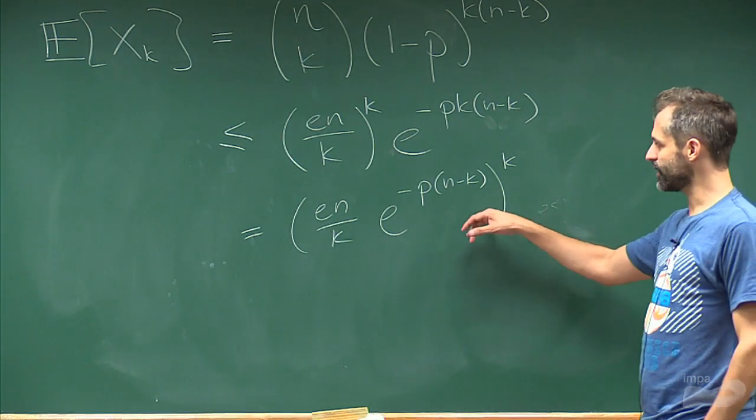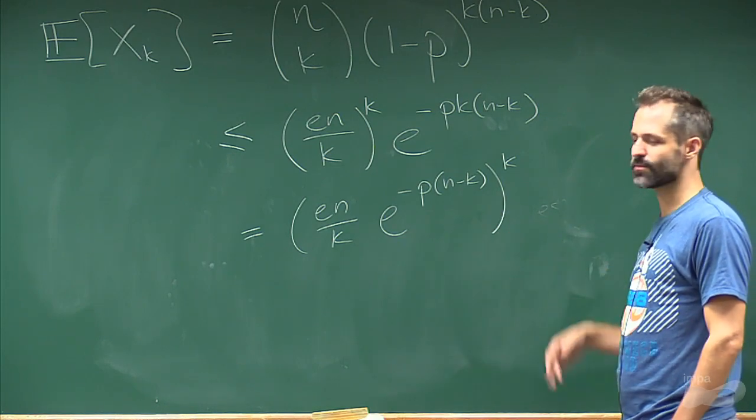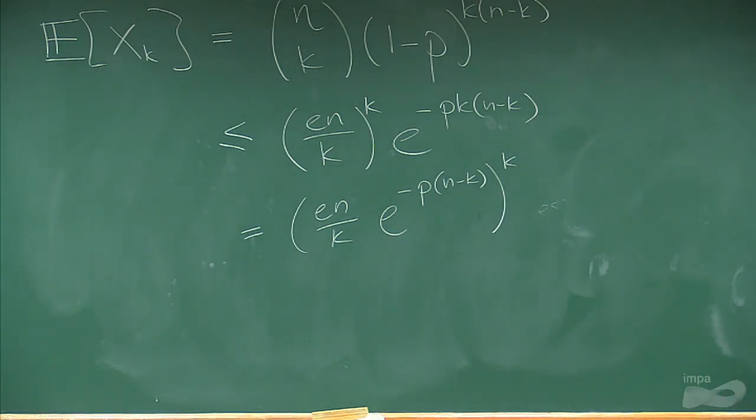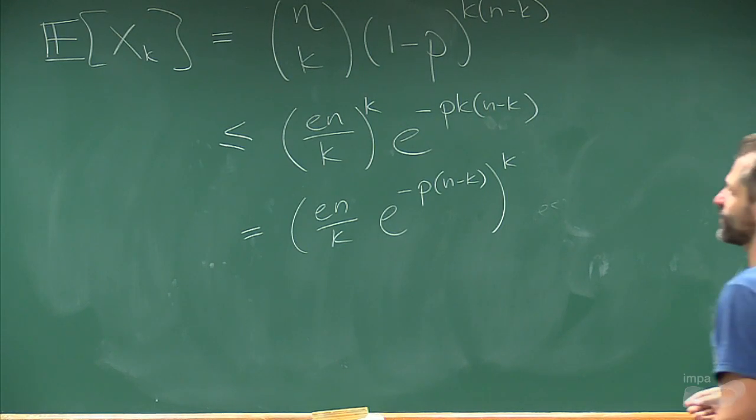Sorry, so first I want this to be small. So why is this small? Yeah, we have to use the bound on p.